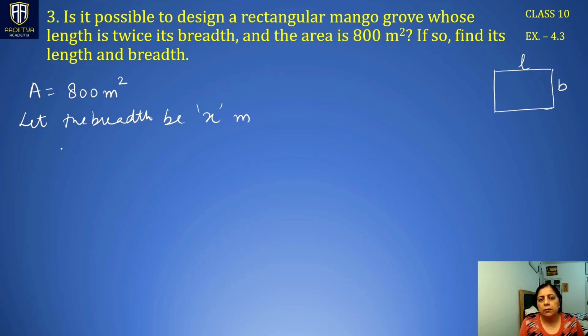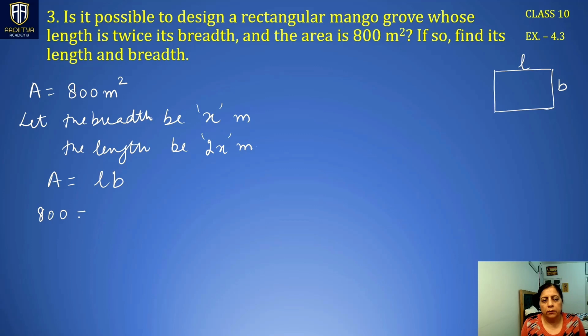Now if we assign the variable x to breadth, the question says length is twice its breadth, then the length becomes 2x meters.